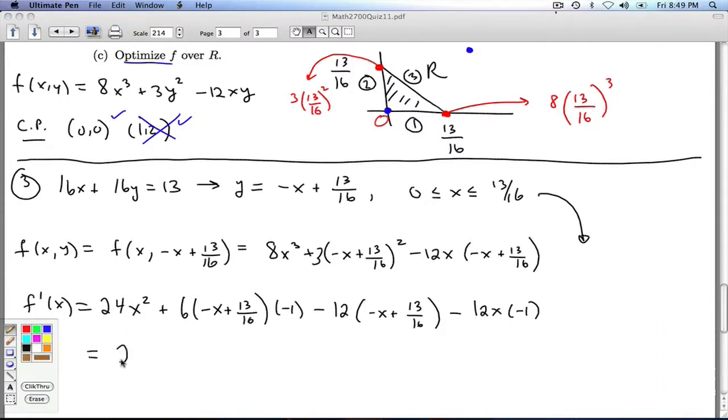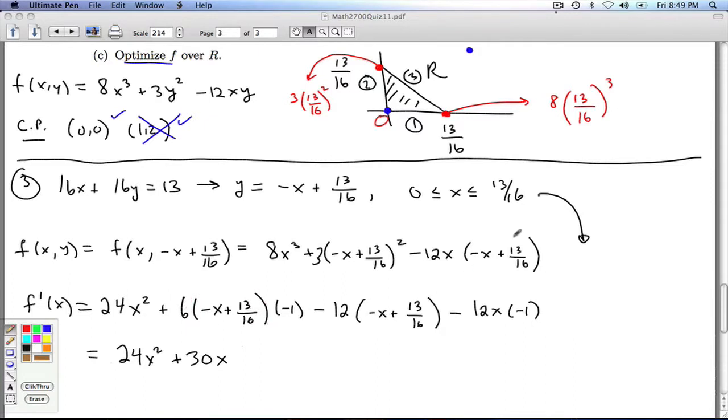So let's see, that's a 24x squared. And now let's look at the x terms. 6 times negative x times negative 1. So that's a plus 6x plus 12x plus 12x. That's 30x. And now we have the horrible constant term. If I take 6 times this times negative 1, I can cancel some stuff here partially.